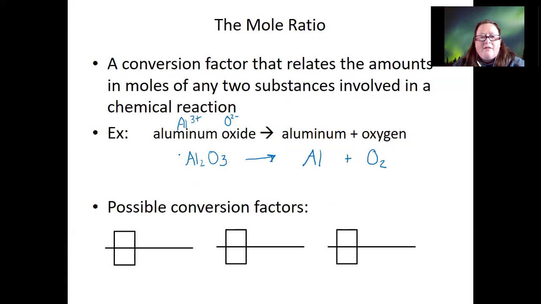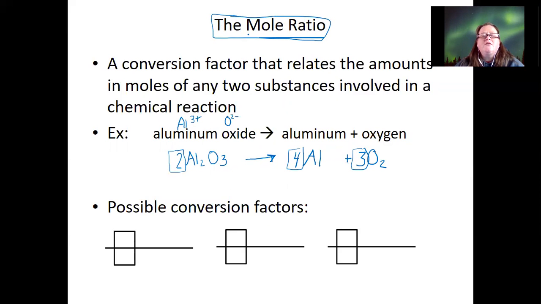So if we balance this, my coefficients become 2Al2O3, 4 Al, and 3 O2. Now, in stoichiometry, these big numbers here always become part of the mole ratio. The mole ratio is something that every single stoichiometry problem uses.